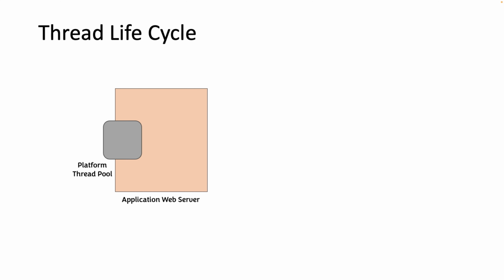Okay, now let's assume my application is hosted on one of the application servers like Tomcat or JBoss, and each server will have its default thread pool so that bulk requests can be concurrently handled by individual threads. Now here all the threads wait in the pool for a new request to come. So once a new request comes, the thread picks up the request and makes an application call to serve that particular request.